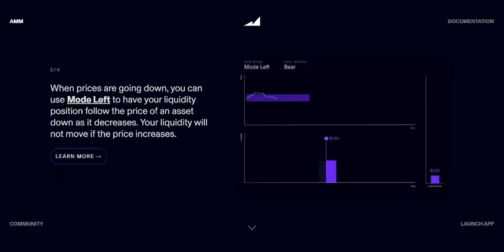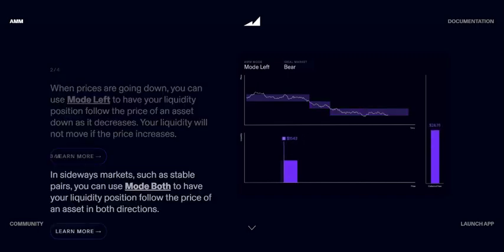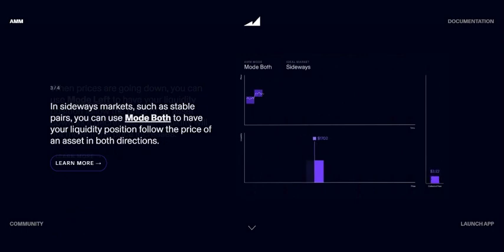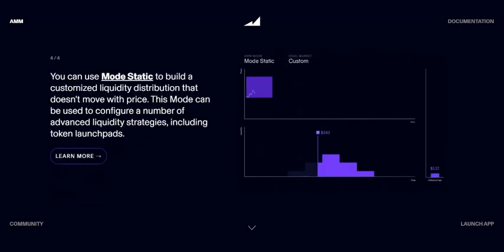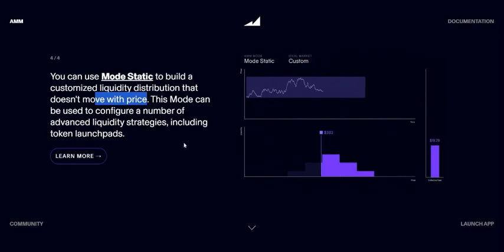Your liquidity position will follow the price. If the price decreases, then the liquidity position will follow that direction. But if the price increases, it will not follow that direction. Then there's a strategy for sideways market, which is called mode both, and then there is mode static to build a customized liquidity distribution that doesn't move with the price, and you can customize this.